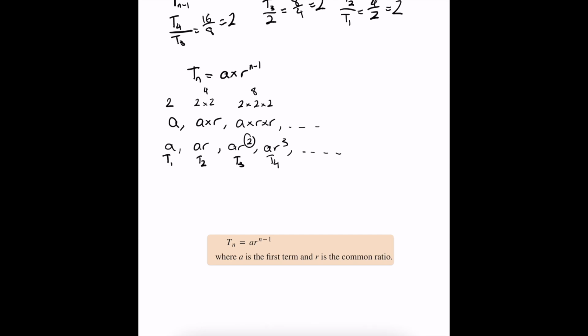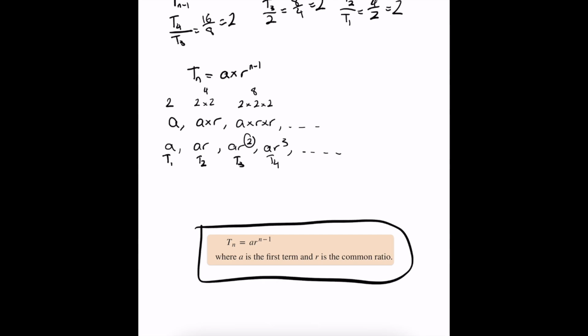So if we want, we can write it as R to the power of 0, and we should know that R to the power of 0 is 1, and so we are just left with A. So this is the formula for the nth term, and we're going to be using this to solve questions. So I hope that makes sense, and now we're going to be looking at examples.